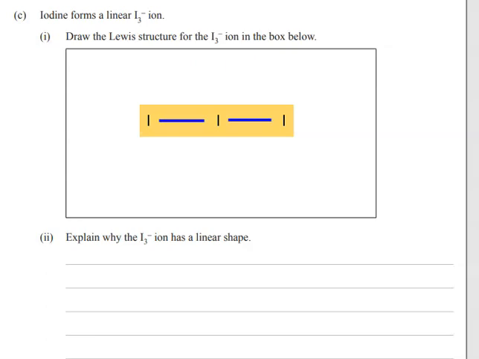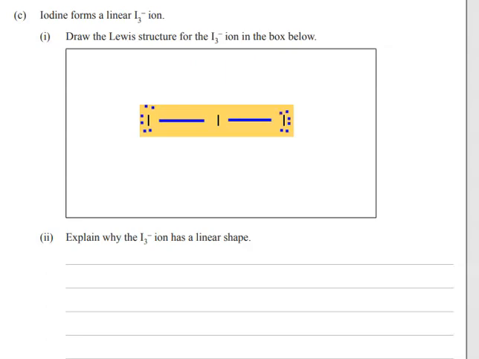So we're going to put them around our outer atoms first, and then any extras around the central one. So we've got 18 electrons to go. 1, 2, 3, 4, 5, 6, 7, 8, 9, 10, 11, 12.